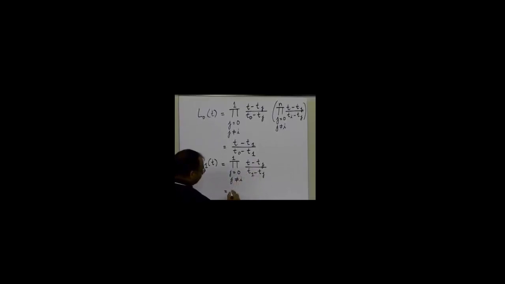I get t minus t naught divided by t1 minus t naught. The next term, j equal to 1, is the same as i equal to 1, so that term will not be written there. So we only have a single term. That gives us the weight for L sub 1 of t, and the weight of L naught of t.